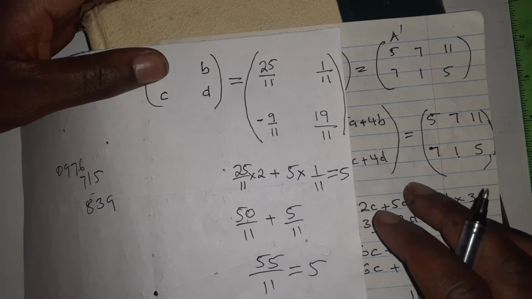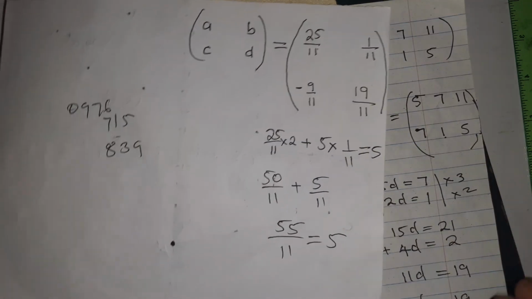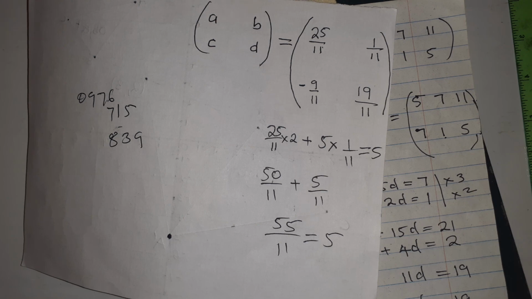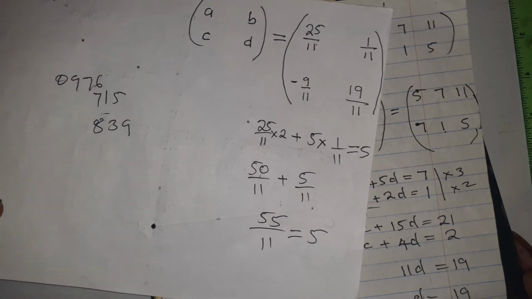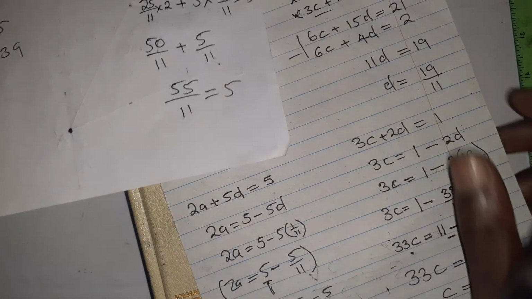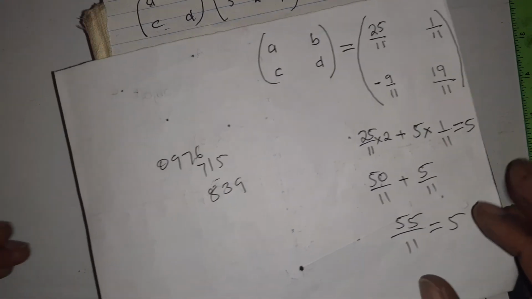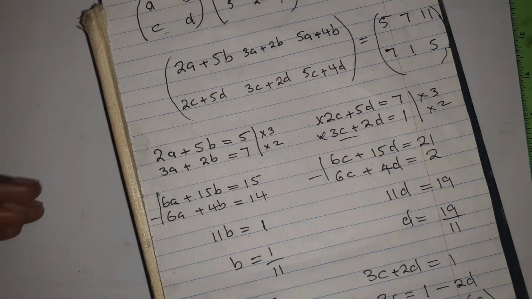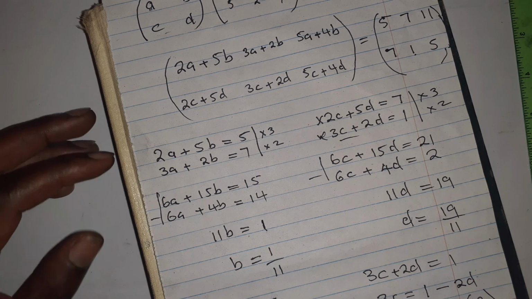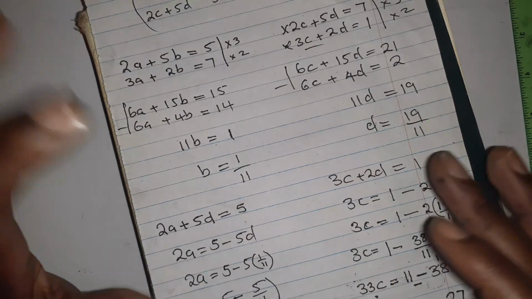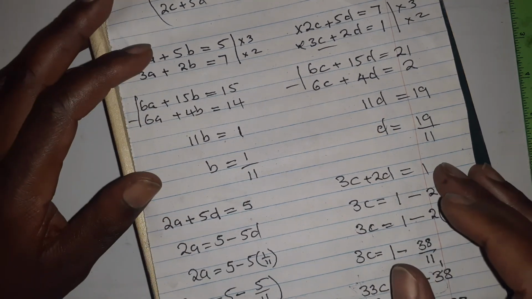Of course, most of the questions that you have in an exam, they bring very simple matrices. So basically this is the process that you need to carry out. So I just did the matrix for the first one just to demonstrate the process.